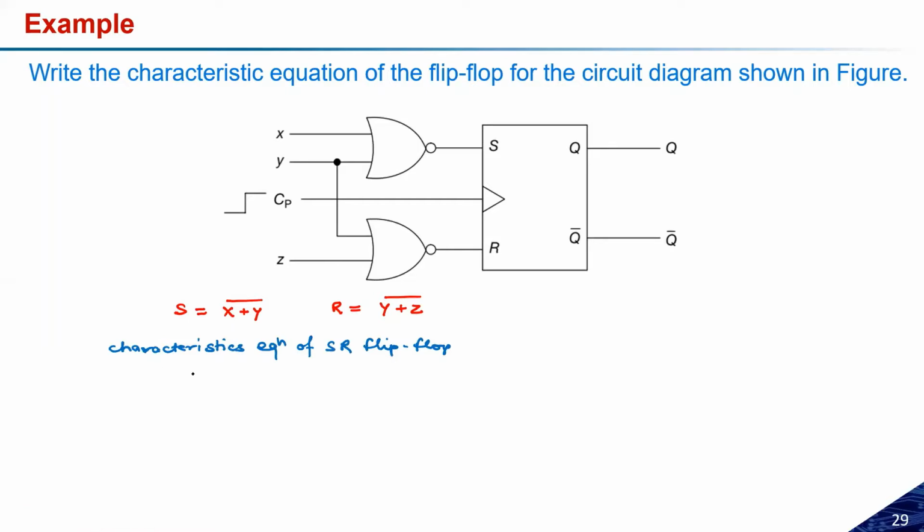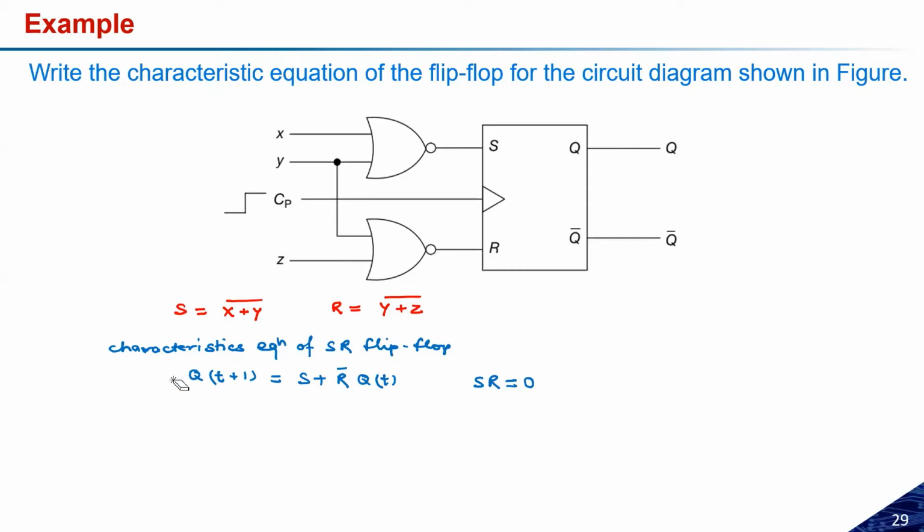We know that Q(t+1) is equal to S plus R bar Q(t). If you can recall, this is the characteristic equation of the SR flip-flop, and one more condition is there: S into R should be equal to 0. This is what we have already studied and developed before: Q(t+1) is S plus R bar Q(t), and SR is equal to 0.